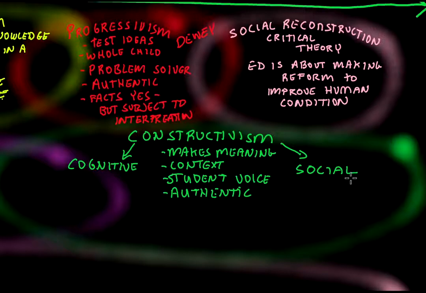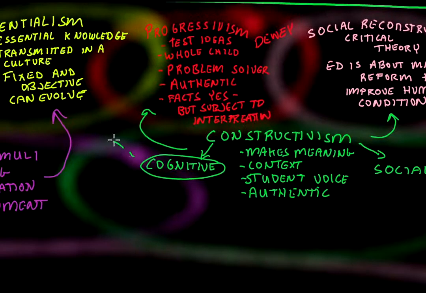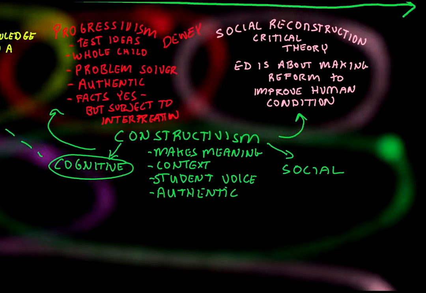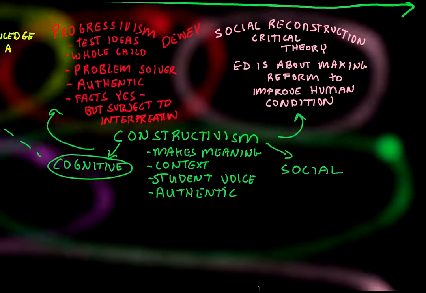And it's still rooted in essentialism to some degree, along with progressivism. So it's kind of a mixture of the two. It has a similar goal of essentialism, which is to transfer knowledge. It is agreeing that there's fixed knowledge, but it means different things to different people depending on their life experiences.